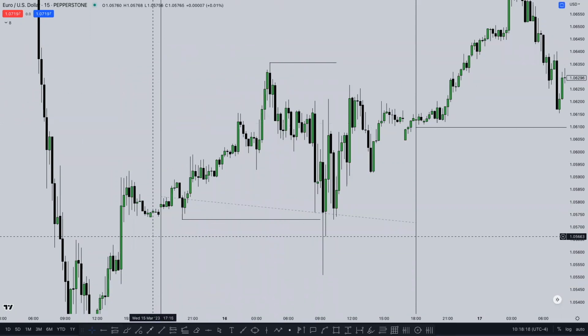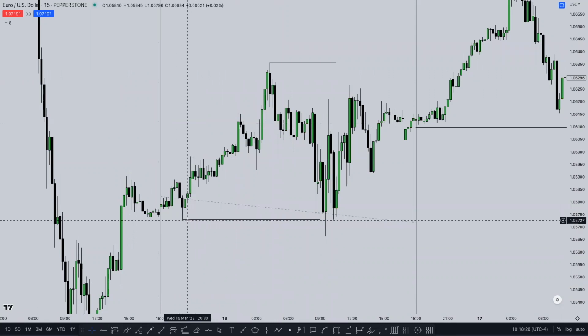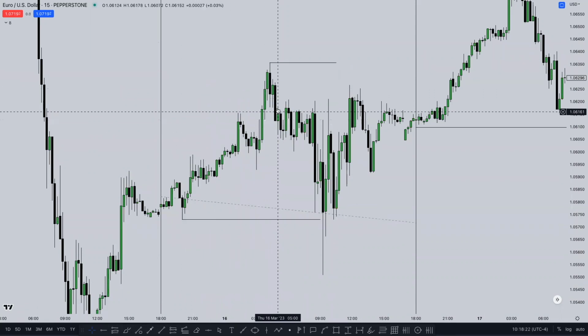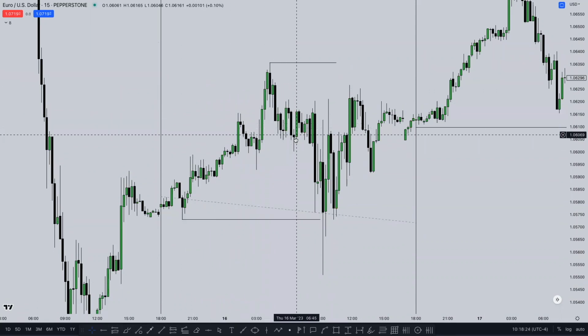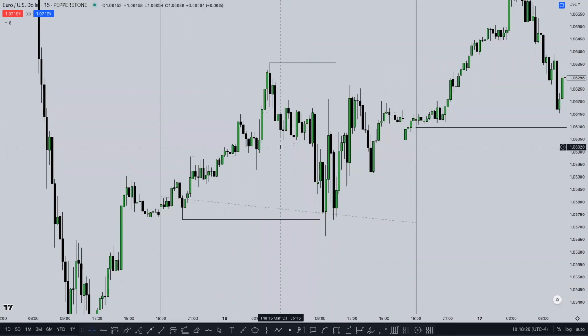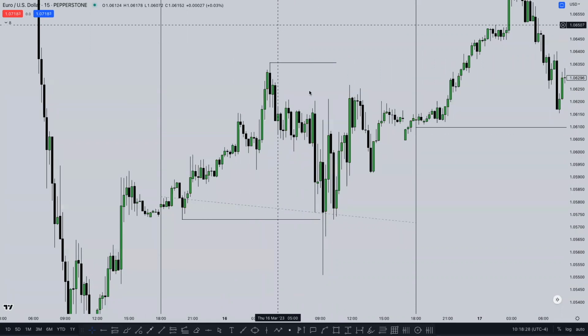defined range. Okay, and within this defined range, you can see the level of liquidity built within it, right? You can see it over here, here, here, here. And I guess this one as well. Price is building liquidity inside of the Asian low and the London high.